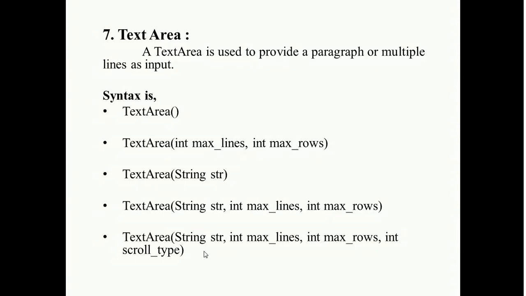This constructor has four parameters: string str, the initial string; int max line, the maximum number of lines; int max row, the maximum number of characters in each line; and int scroll type, it is nothing but the scroll bar type. These five are the constructors of the text area.